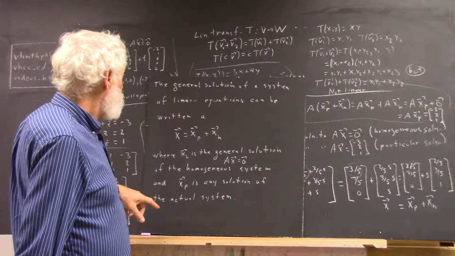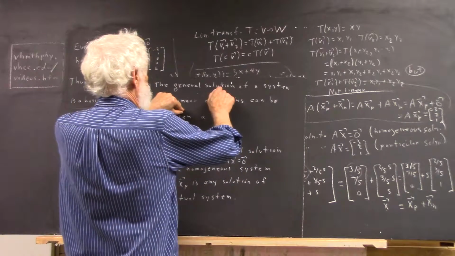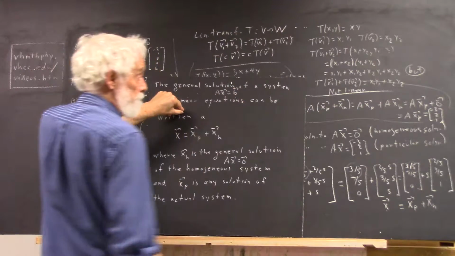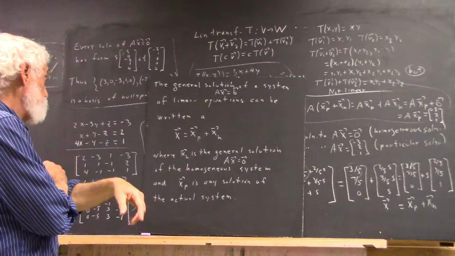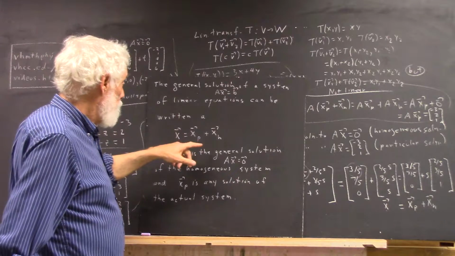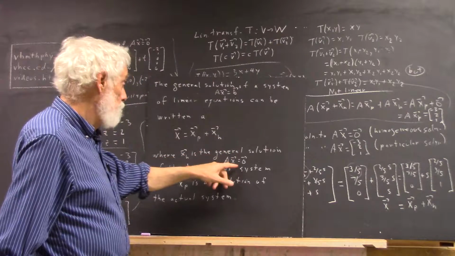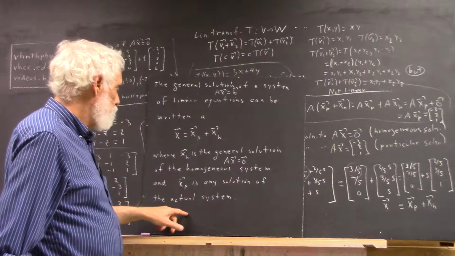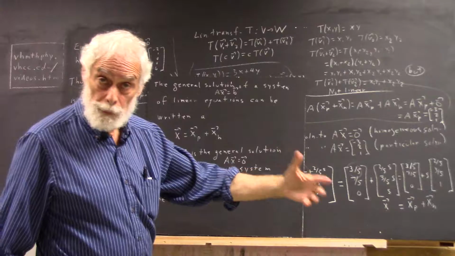Now, the general system would be like AX equals B, where B is not necessarily 0. So, again, we could write the general solution as a sum of the general solution to the homogeneous equation, and then XP would be any solution of the actual system, any numerical solution not involving any of the free variables and so forth.